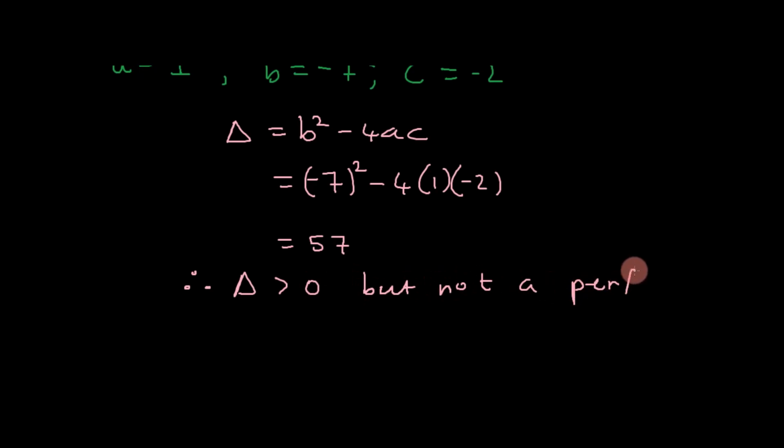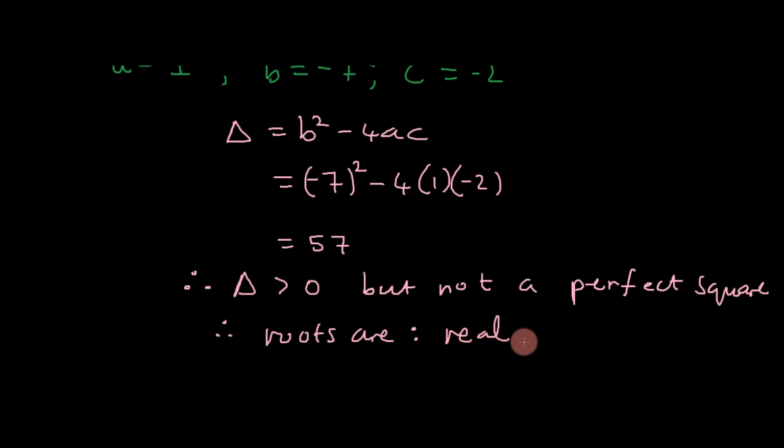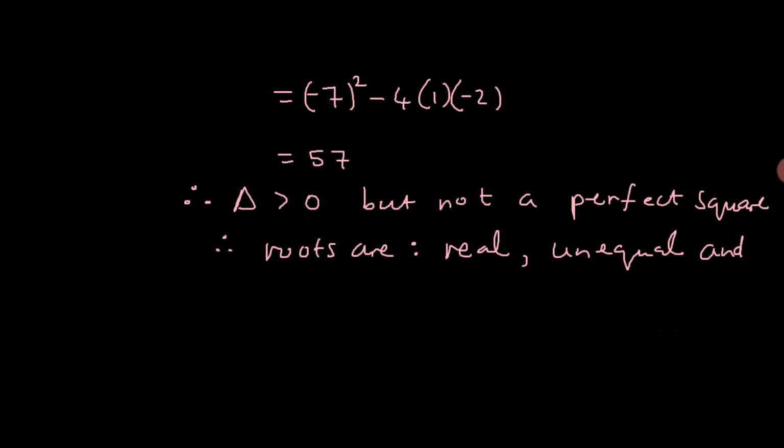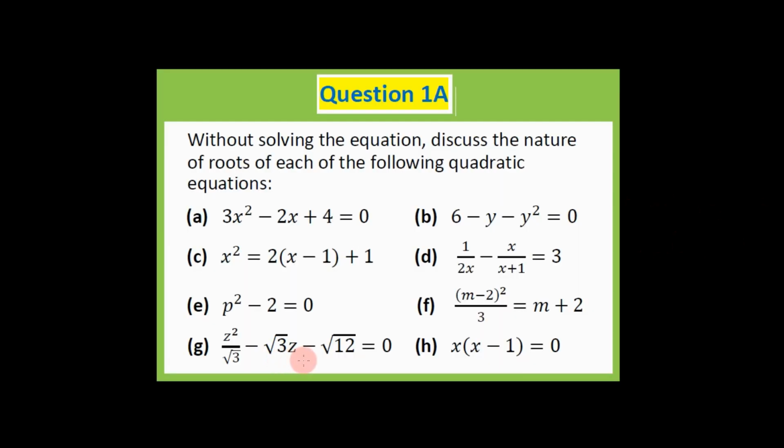So we can conclude that the roots are firstly real, since delta is greater than 0. It's unequal because delta isn't equal to 0. And it's also irrational, since delta is not a perfect square. Let's look at G.